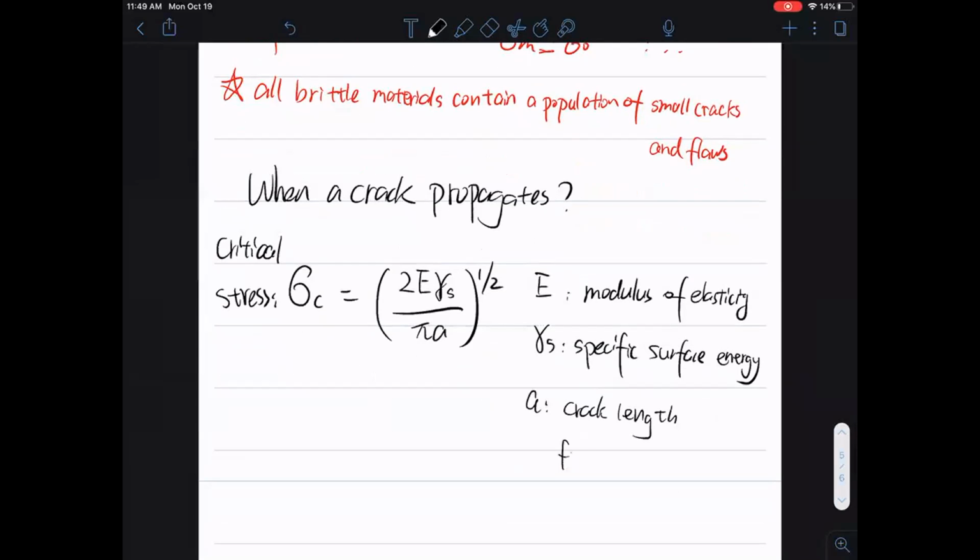So it's the full length for a surface crack, and it is half the length if you have an internal crack.